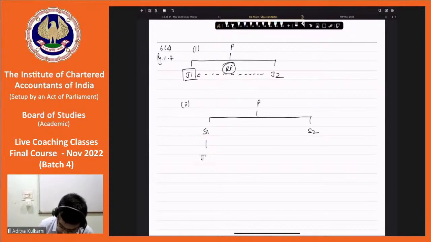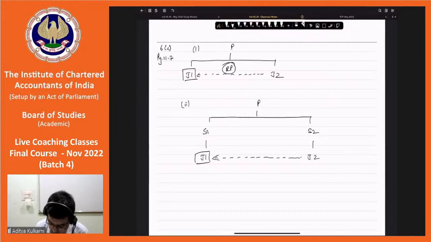S1 has J1, S2 has J2. The question is, is J2 related to J1?